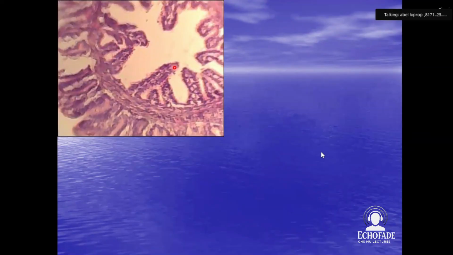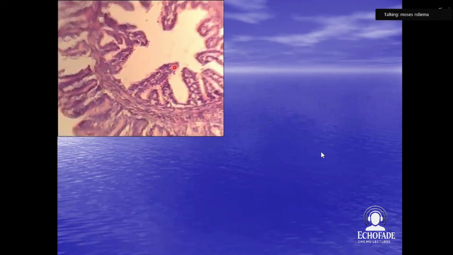The finger-like projections increase the surface area and the suction because the cilia are beating towards the inner part of the oviduct. And like I said, this part is open to the abdominal cavity because the Mullerian duct was actually opening to the abdominal cavity.